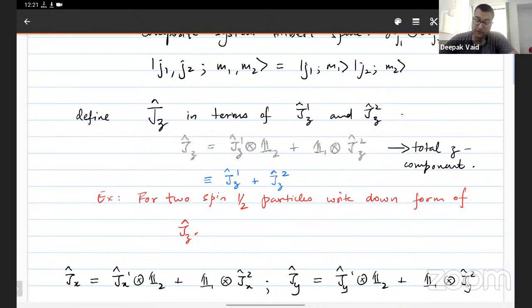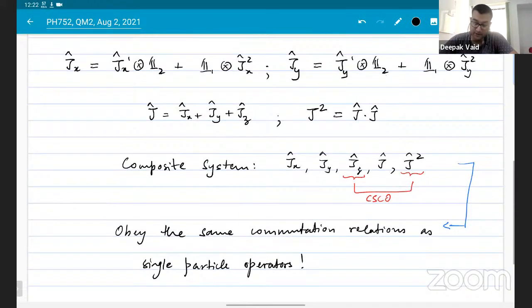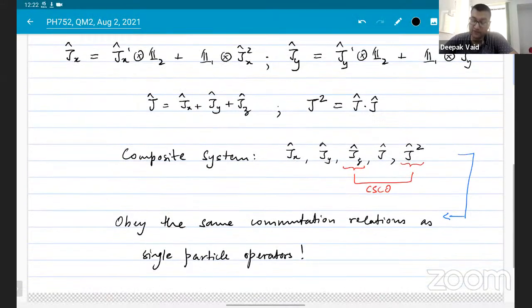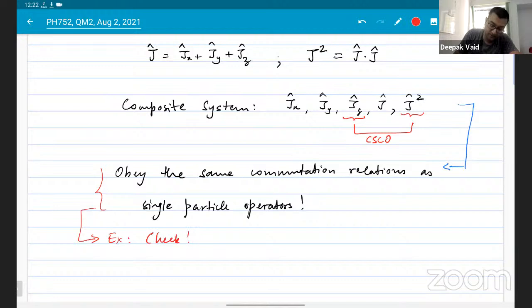If it is, then these operators have to satisfy the commutation relations of angular momentum. All right. And this is a very important exercise, so I want you all to please do this before our next class.